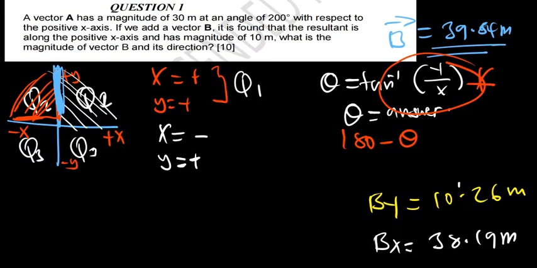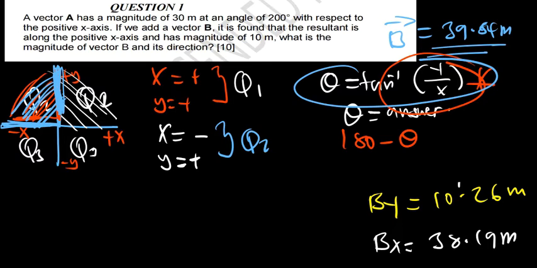This line here is for negative x, and I have got negative x there, meaning that the angle is in the second quadrant. When you plug in the values, remember that x is going to be negative, but just ignore the negative, plug in positive values only. When you find the theta here, you are supposed to say 180 minus theta, and that is the direction you are looking for.